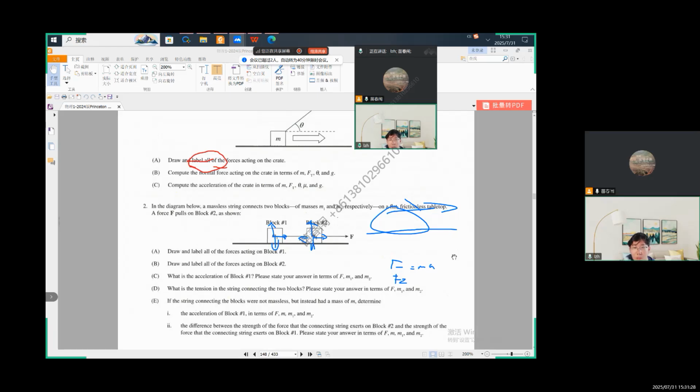Because it's pulling it, I think it's m2 minus m1, or no, m1 plus m2. That'd be fast acceleration, but it's not going to be fast. It's going to be m1.